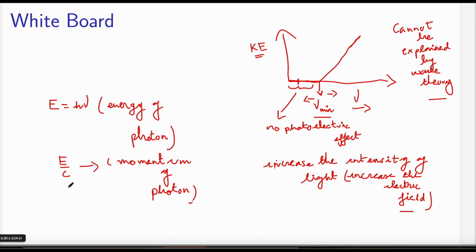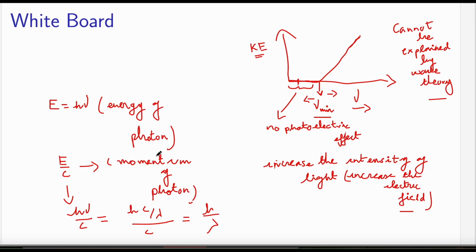Or we can write this as h nu by c, which is equal to h c by lambda divided by c, which is equal to h by lambda.